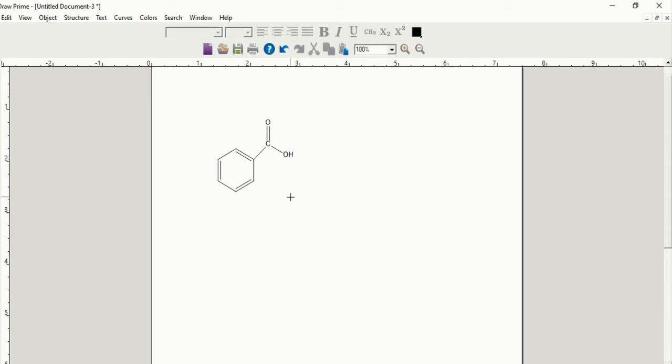This is benzoic acid. To this, I'm adding a hydroxyl group. What is this structure's name?